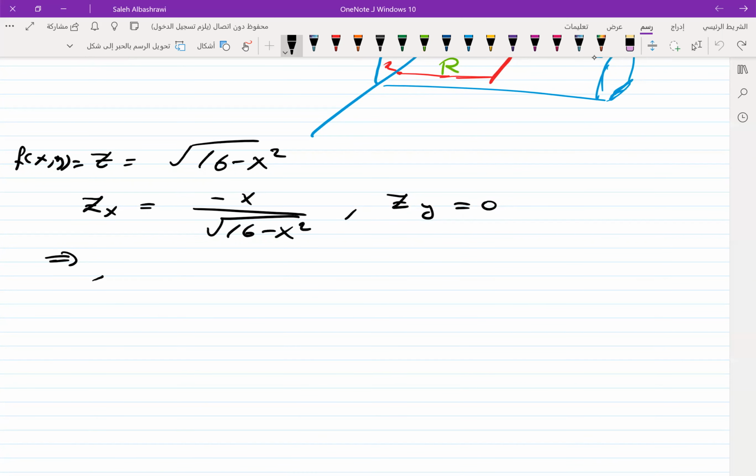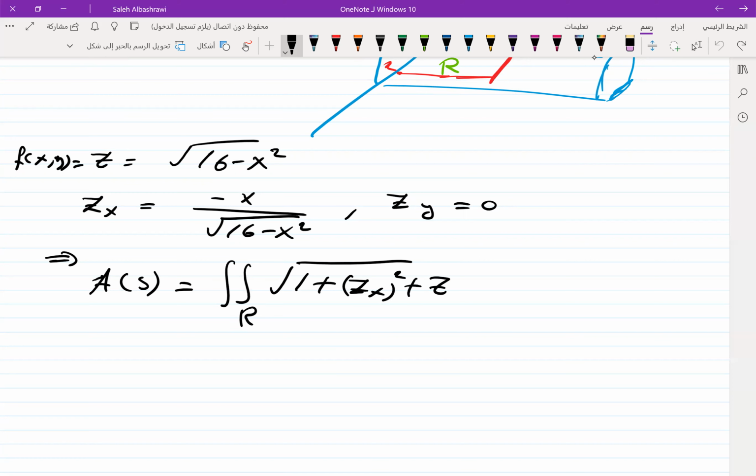This will now give me the surface area, AS, equal to the double integral over R of square root of 1 plus z sub x squared plus z sub y squared, or f sub x, f sub y, dA.